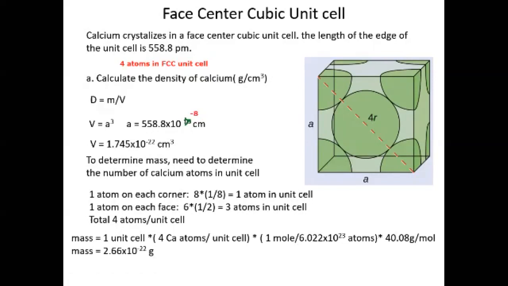Now that we know the mass of calcium and the volume of calcium, we can calculate the density. And the density here is 1.53 grams per centimeter cubed. We just have one more example, and then that'll finish up today's lecture.